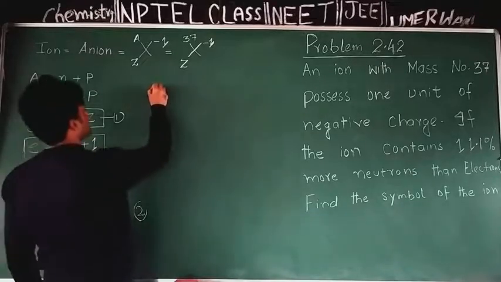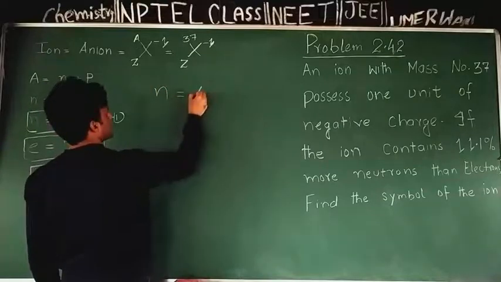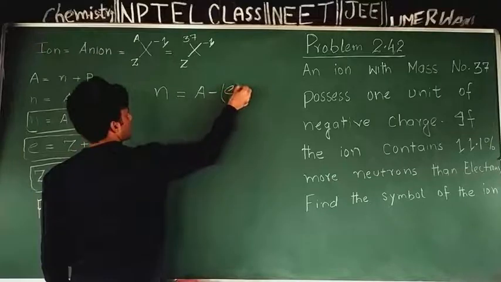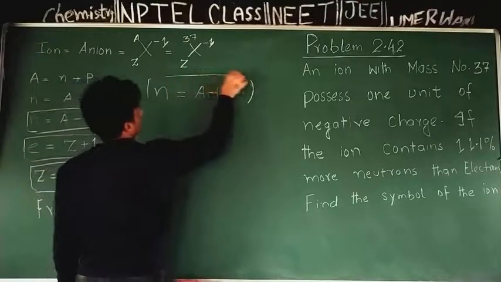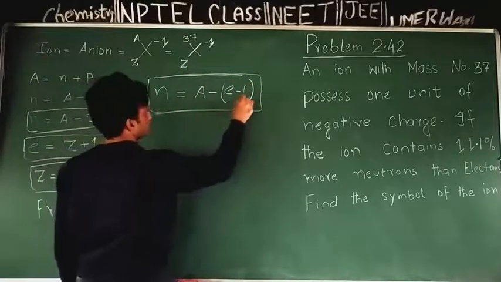Number of neutrons will be equal to A minus (E minus 1). This I will keep as equation 3rd.